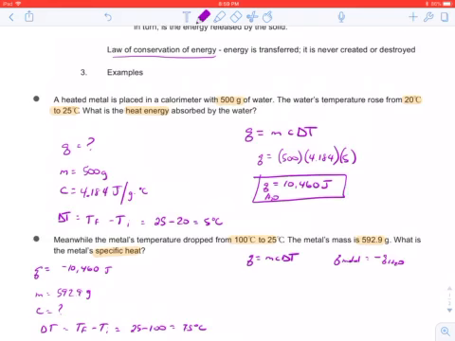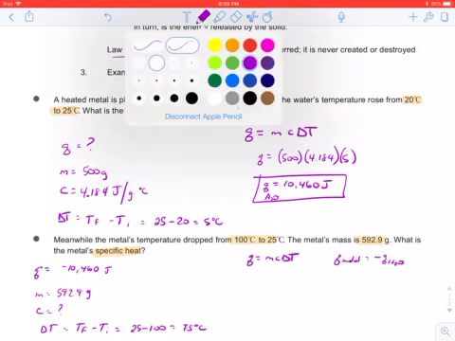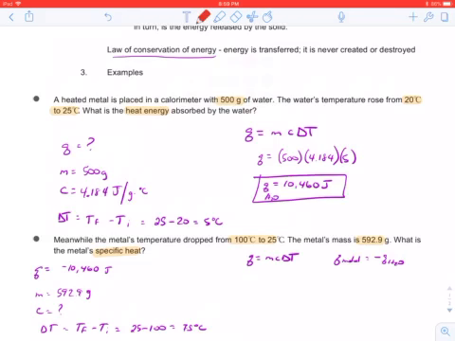Our next job is to rearrange. We're looking for C, so we're isolating C. I'm going to put M delta T on the bottom so those things cancel, and move that over to the other side too.